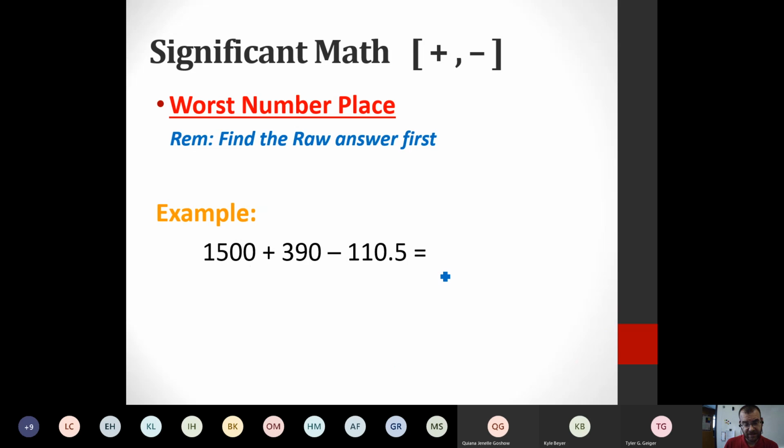Instead of counting the number of significant digits, you're seeing where they are. There's two ways to go about this. The first way, which is probably the best way, is to change it into an elementary school problem. If you change it into an elementary school problem, being very careful that you are writing your stuff down in the proper number spaces, there's a neat little trick you can do.